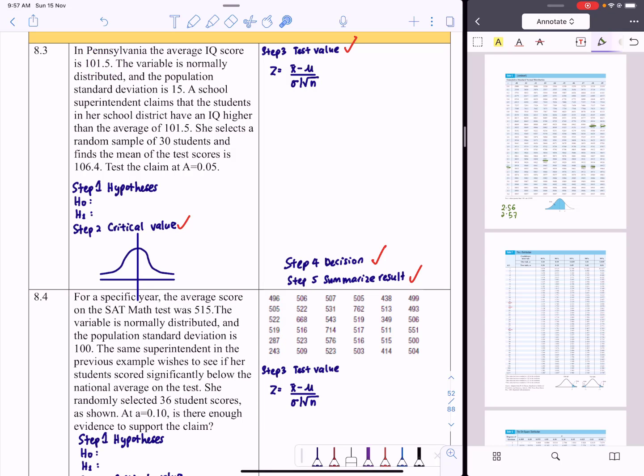Okay, then we need to prove it using the statistical analysis. But roughly, if we look at the number, kita tengok nombor tu 106 and 101. Of course 106 is much better lah, okay, compared to 101. But however, we need to prove it using the statistical analysis from step 1 up until step 5.